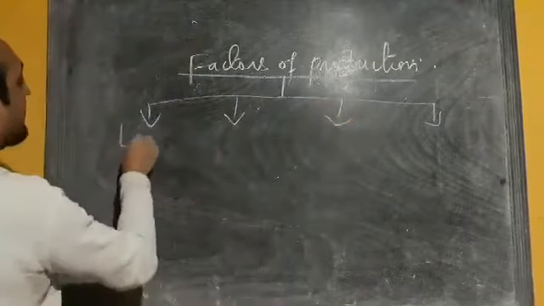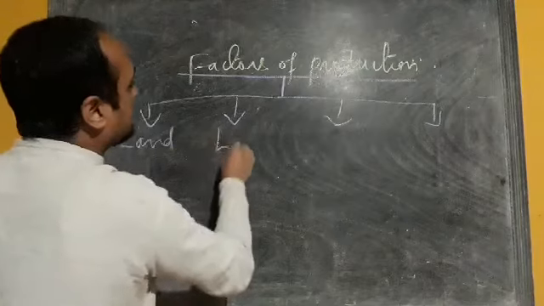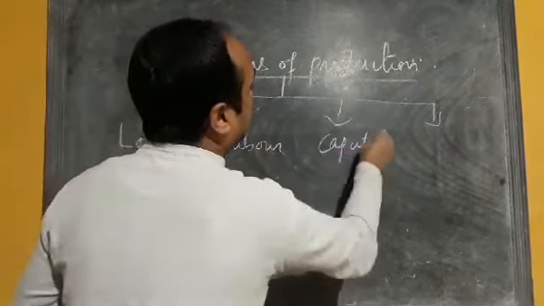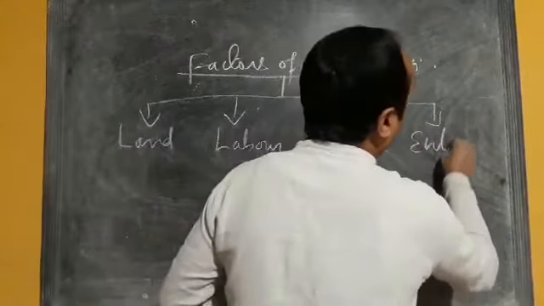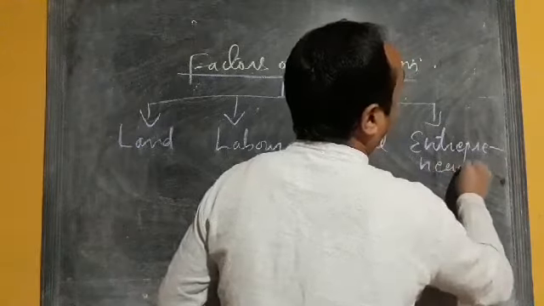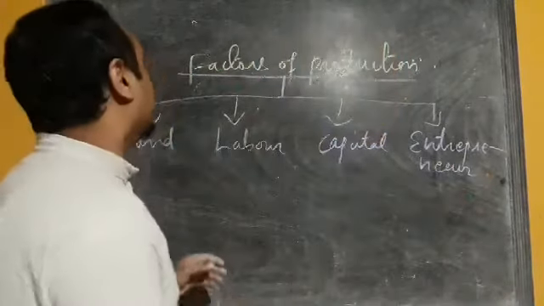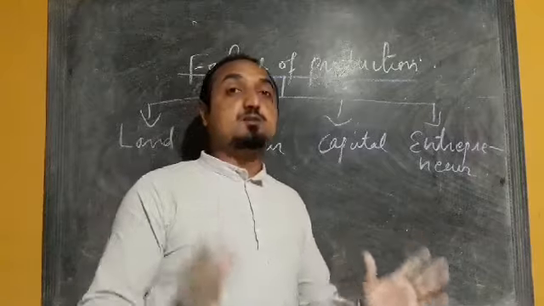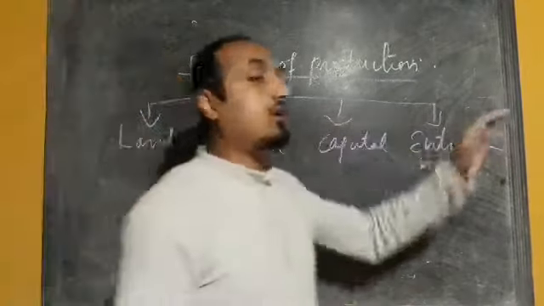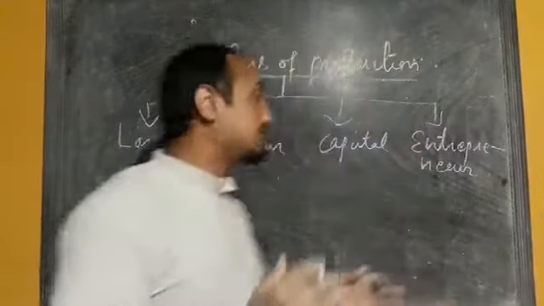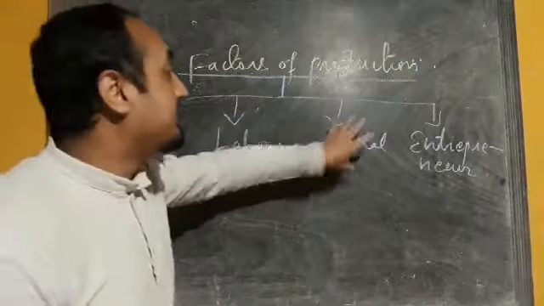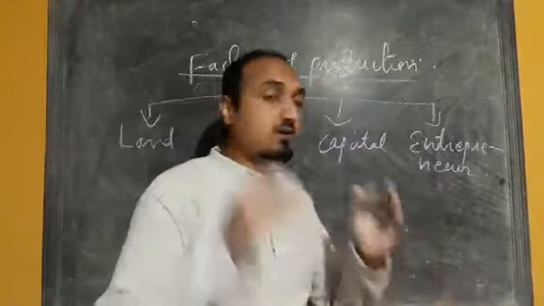Number one we have land, number two labor, capital, and entrepreneur. These factors of production are classified into four categories or groups: land, labor, capital, and entrepreneur. Now we have to understand what you mean by land, what is the meaning of labor, what you mean by capital, what is an entrepreneur.